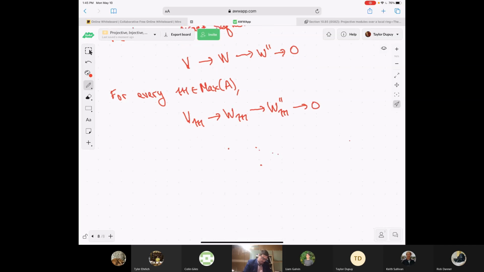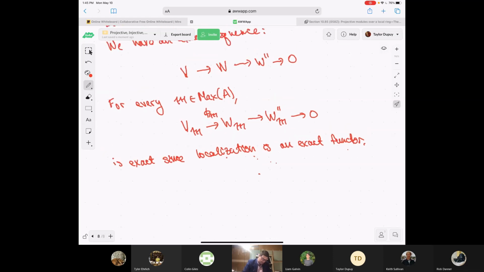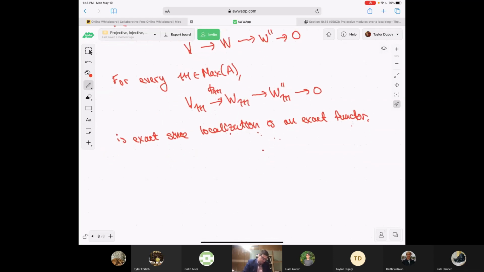So this thing is exact, since localization is an exact functor. And then this is the map phi M, the stalk of the map phi.